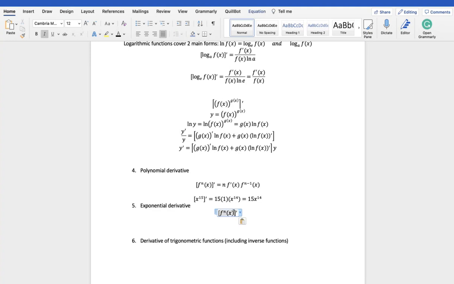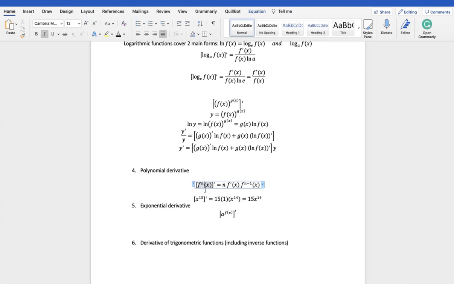The general rule tells us that if you have some constant, let's call it a, that is raised to the exponent of some function, or in other words, you basically have what we did for the polynomial case, but now in reverse, if you want.